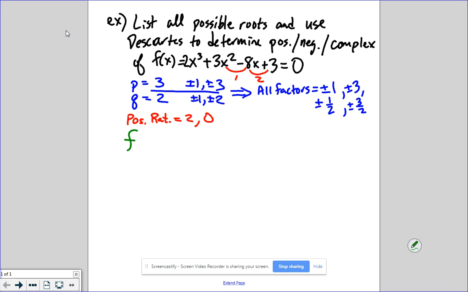Now we have to do f of negative x. So everywhere there's an x, we have to make it negative. And what did we say Friday? What's the shortcut for these? Make it all positive. Only change the odd powers, right? So that makes negative 2x cubed plus 3x squared plus 8x plus 3.